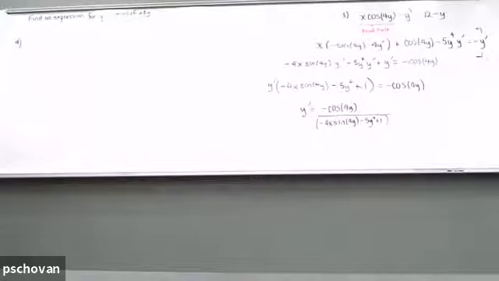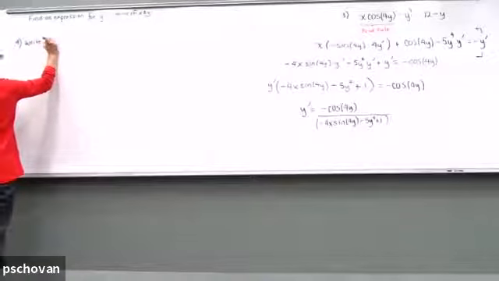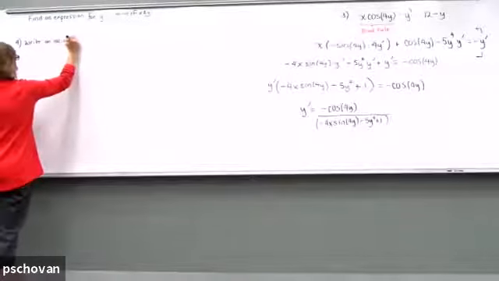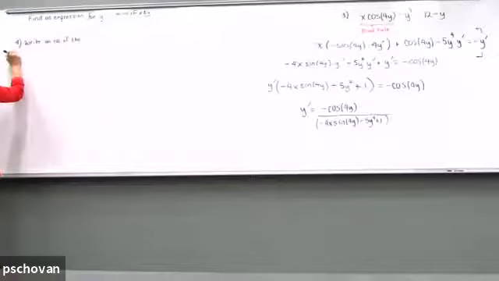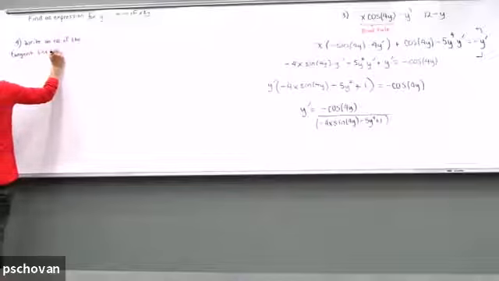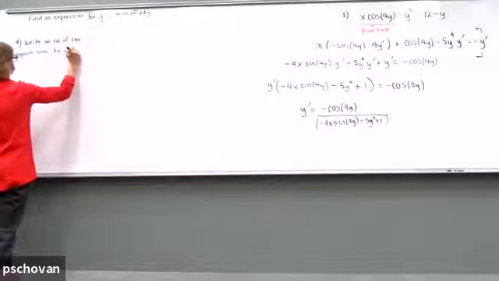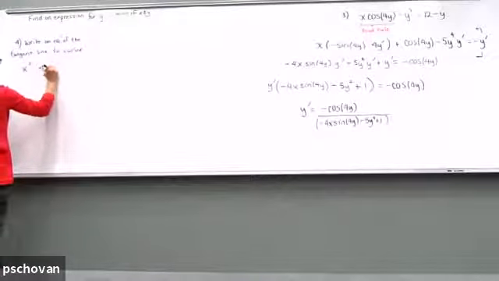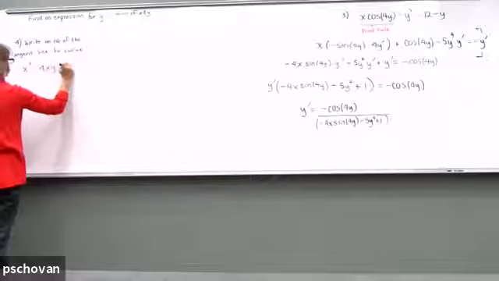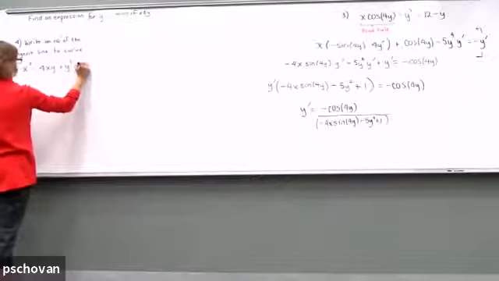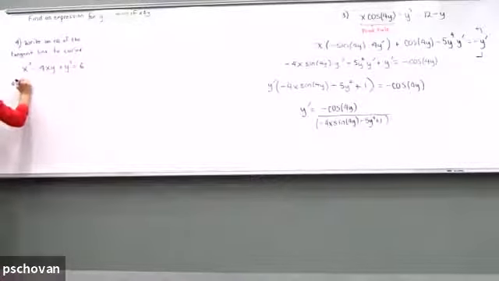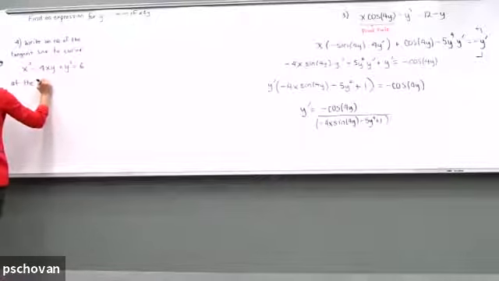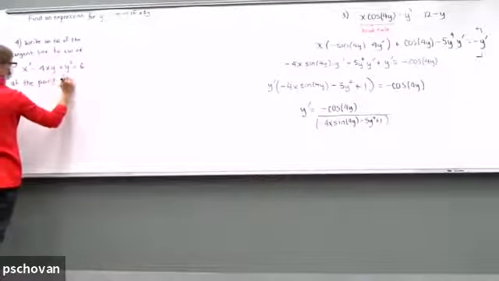Okay, so let's write the equation of the tangent line. Here's the curve x squared minus 4xy plus y cubed is equal to 6 at the point (5, 1).